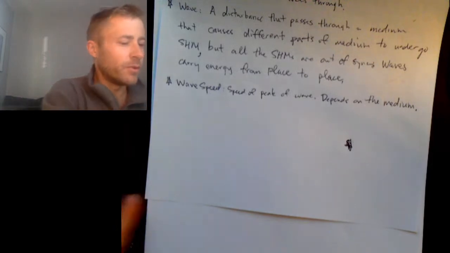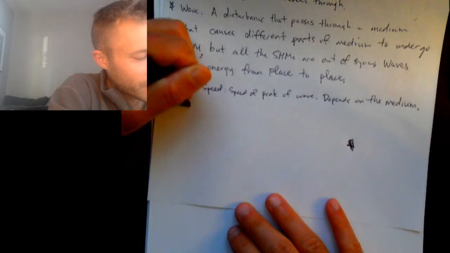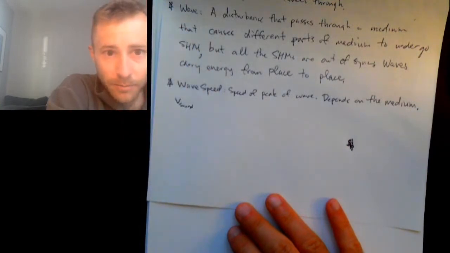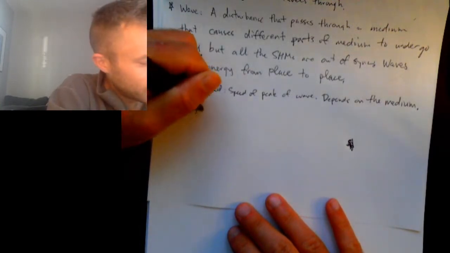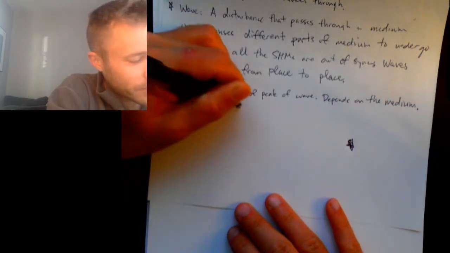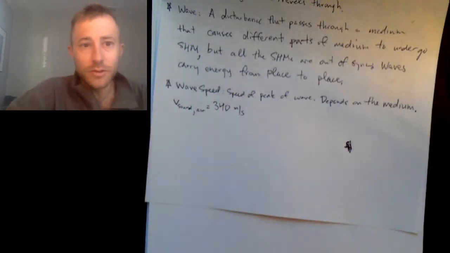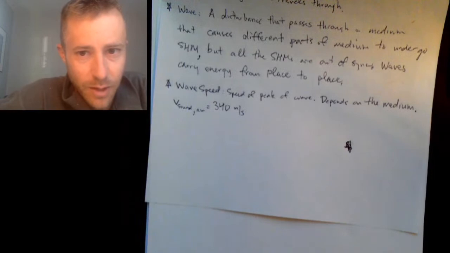For example, the speed of sound through air is about 340 meters per second. And I can't give you an exact number because it depends on the conditions of the air.